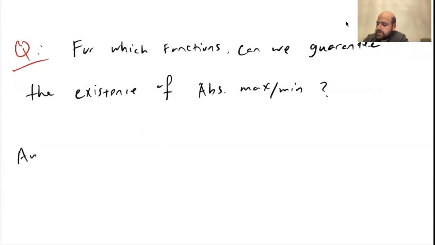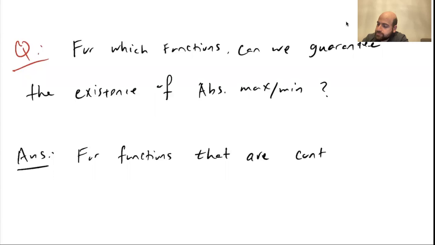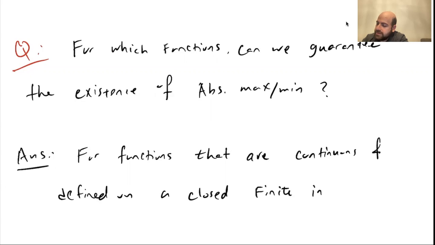So the answer is, for functions that are continuous and defined on a closed finite interval, we have a guarantee for the existence of absolute max and min.